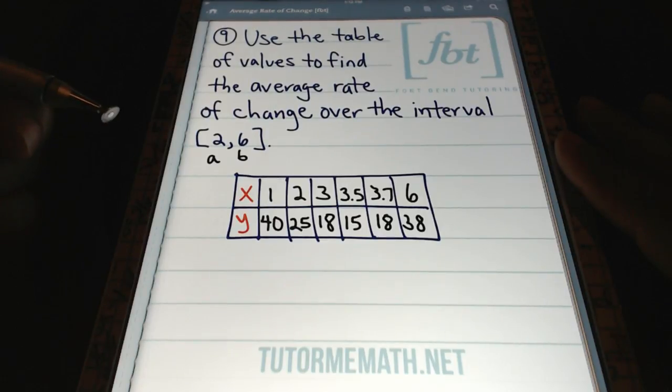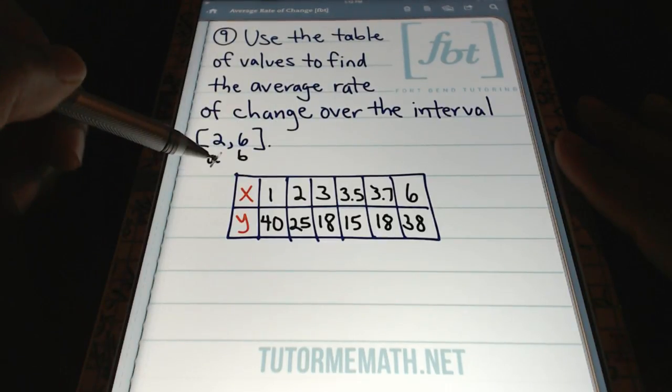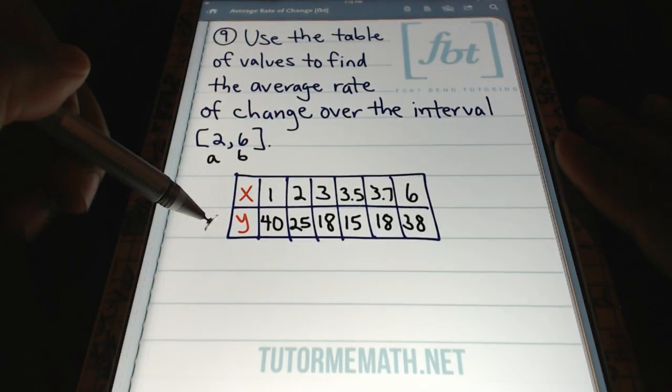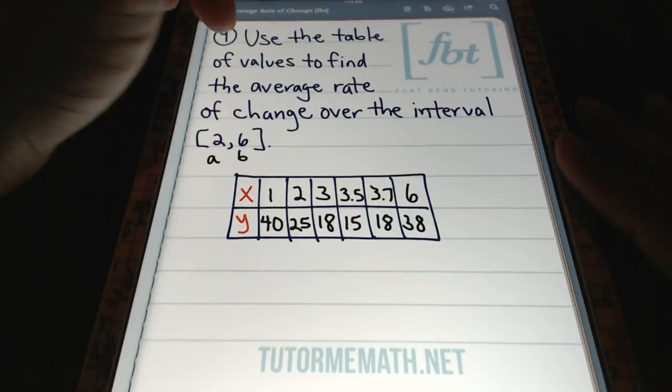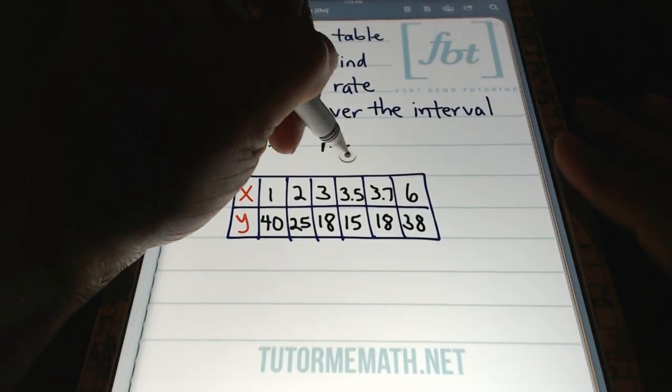And of course, these are going to be respective to the x values that are given here on our table. And we can utilize those y values, aka those f of x values, in order to simplify our slope of the secant line.